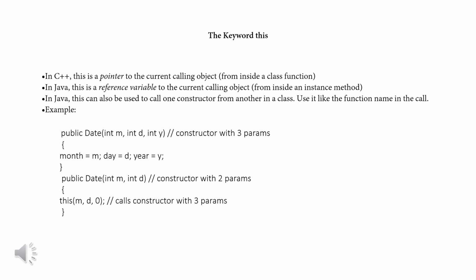It can also be used in order to call one constructor inside another constructor. Exactly the same as what you see here. You see, we have two constructors with different parameter lists. The first one has 3 parameters, the second one has 2. In the second one, we have used this with 3 parameters. So by using that, we are actually calling the constructor with 3 parameters.